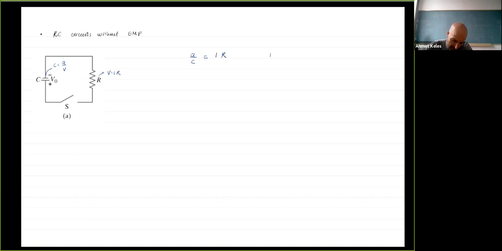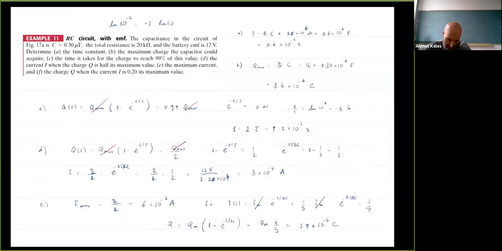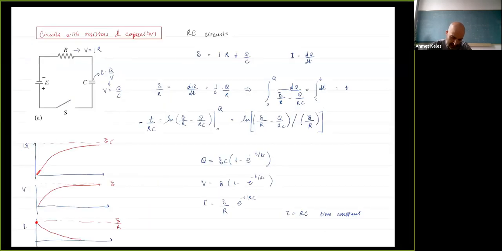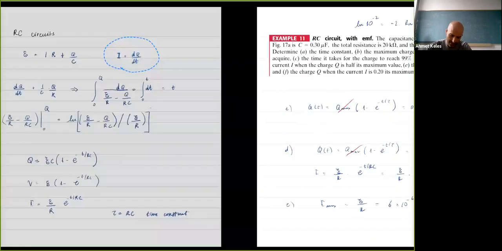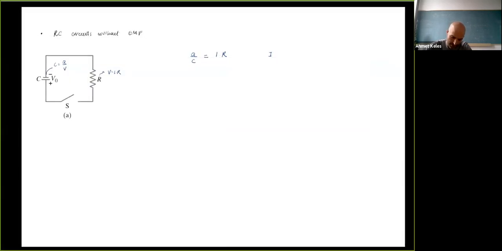But for I here, let's look at what we did here. We said I is equal to... can I use this exact same equation here? Maybe I ask you. Can I use exactly the same equation? So the answer is almost, but there must be a minus sign.